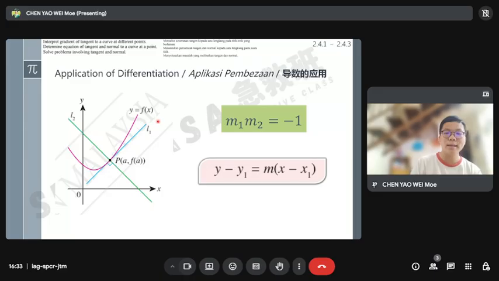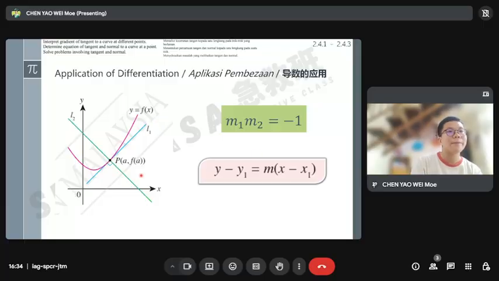I think you learned this in your Form 3 Chapter 6. Tangent means the line that touches the circle at one point only, intersects at one point only, and cannot intersect at another point.